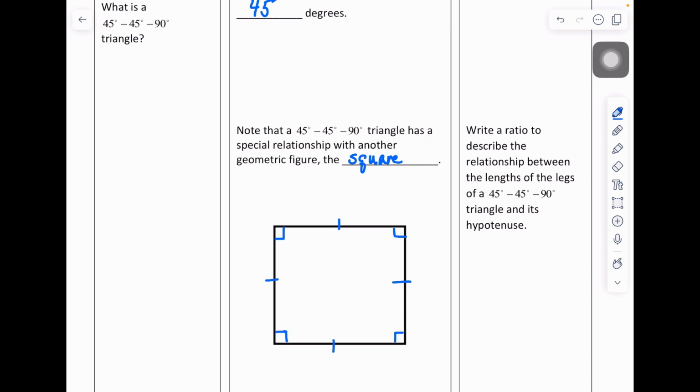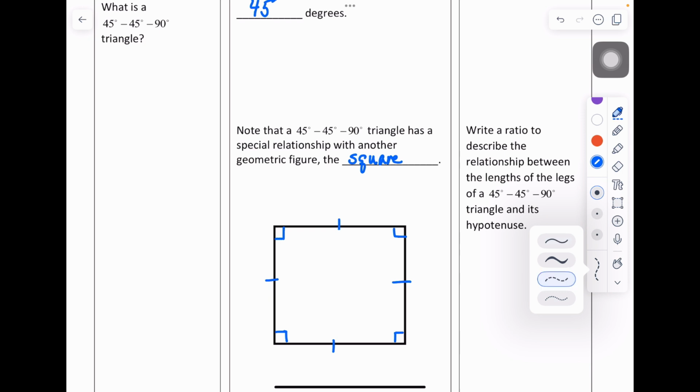Now, I want to also discuss what we're looking at here. I'm going to divide this square into triangles. So now we have two triangles.